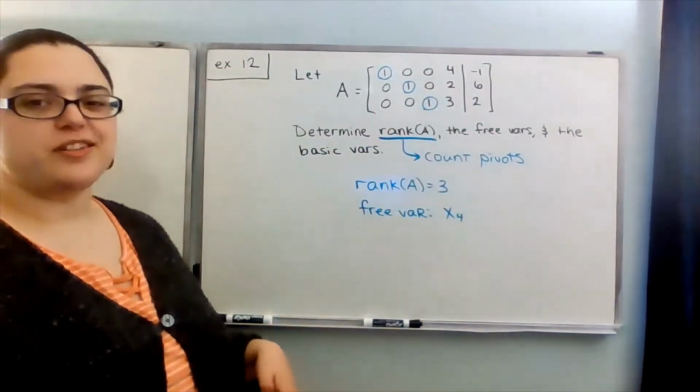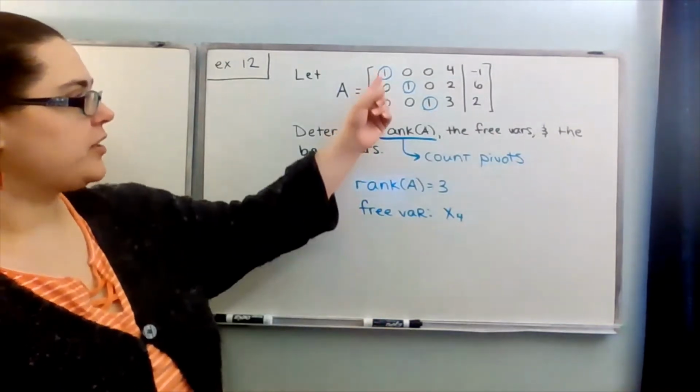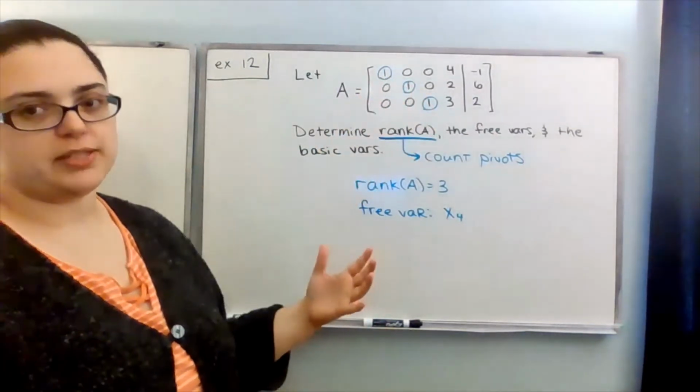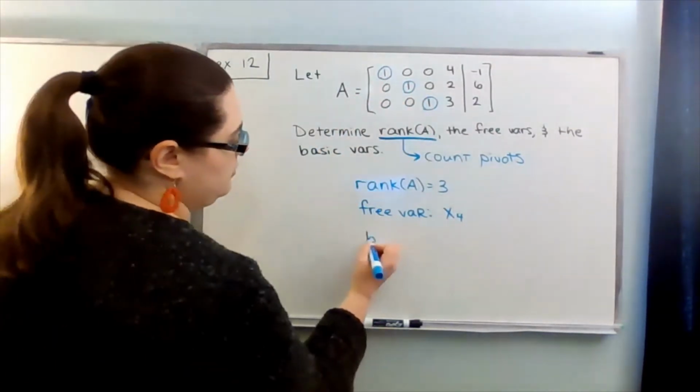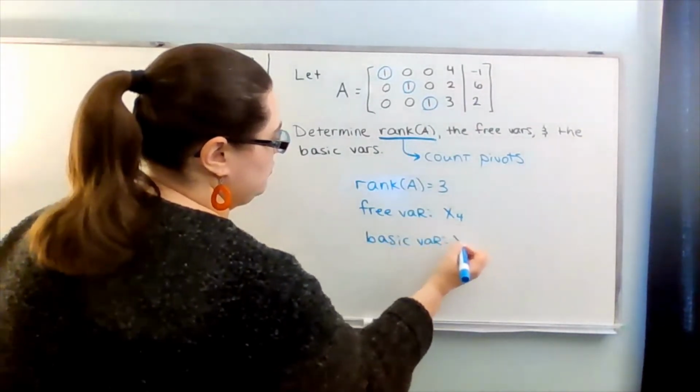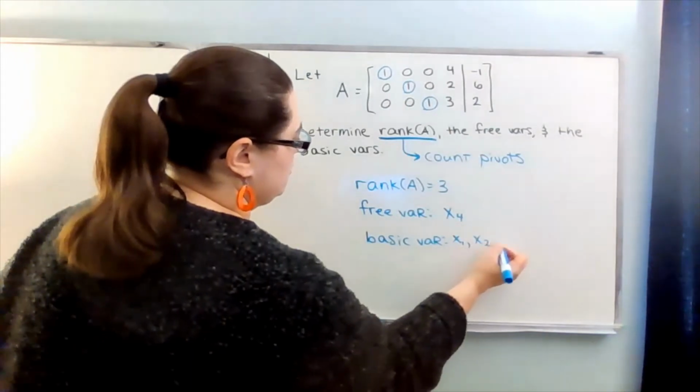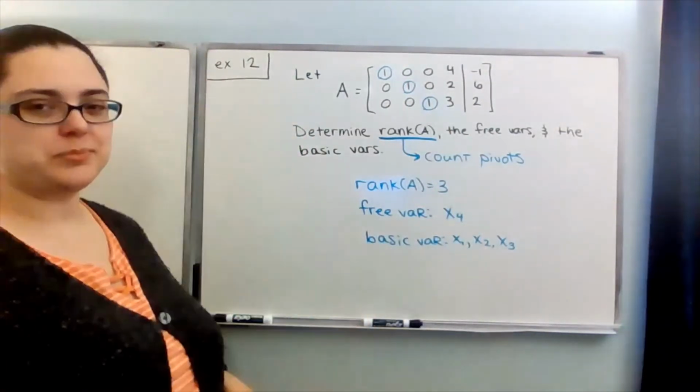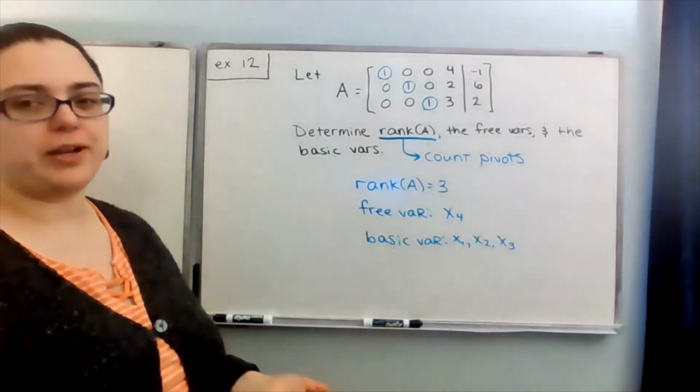The other variables, they're basic. So we have x1, x2, and x3. Those are our basic variables. And there we go. Not too bad, right?